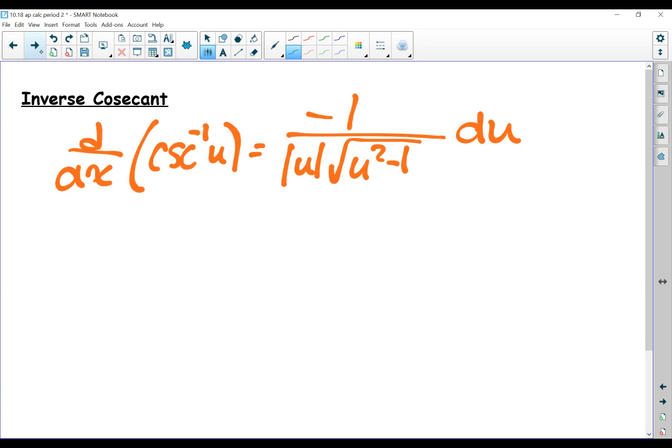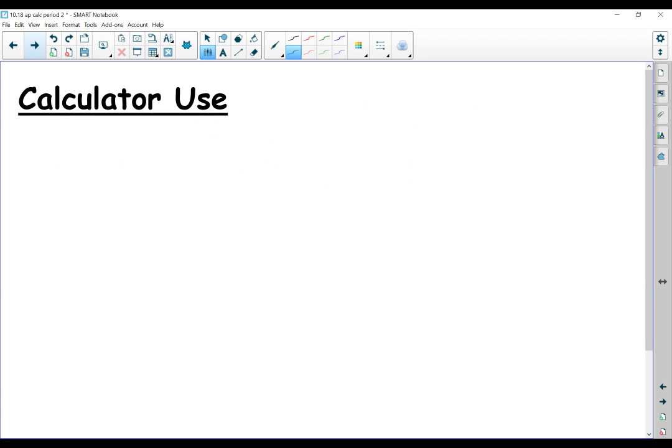Okay. Now, just a couple of notes for calculator use. The calculator only does inverse sine, cosine, and tangent. It won't do secant, cotangent, and cosecant. So there are some things to do. If you wanted to do the inverse secant of some value in your calculator, think about it: the inverse secant is an angle that gives me x over 1.